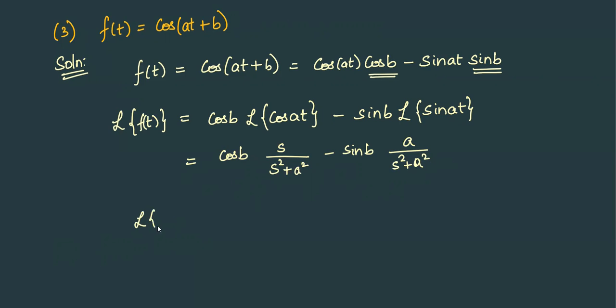Therefore, the Laplace transform of this function will be s cos b minus a sin b by s square plus a square. This is the transform function. So it is just a matter of algebraic and trigonometric manipulations. It is not difficult.